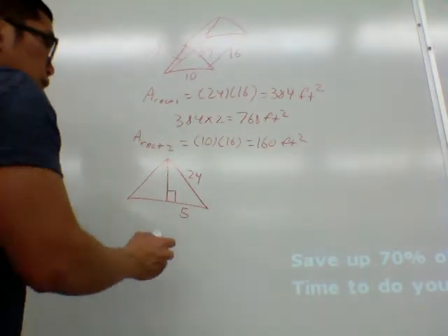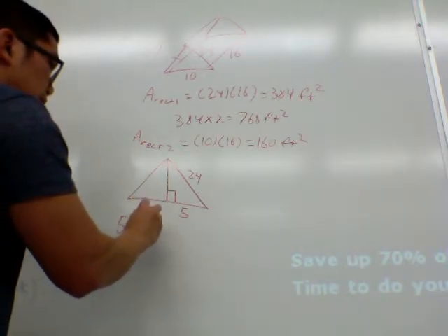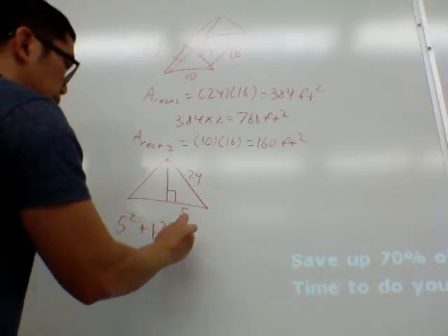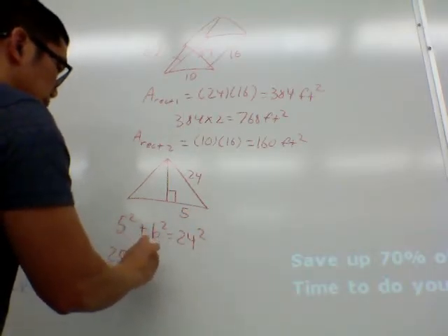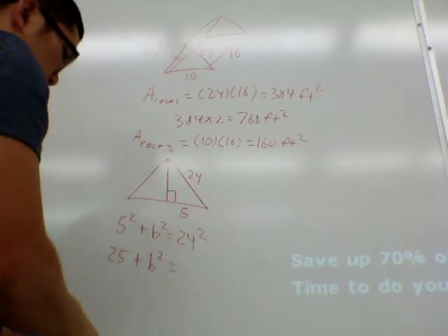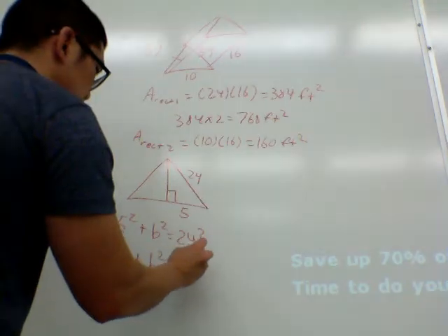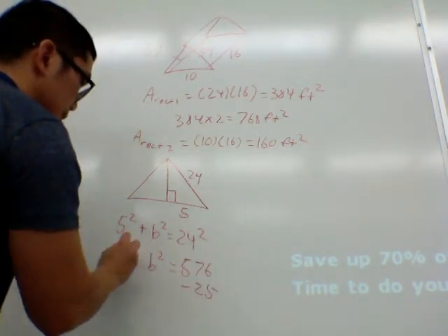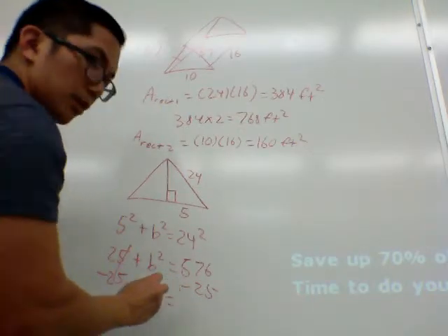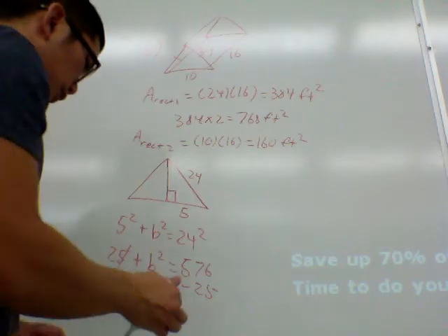So this becomes 5 squared plus b squared is equal to 24 squared. So that becomes 25 plus b squared is equal to 576. I subtract 25 from both sides, and I get b squared is equal to 551.